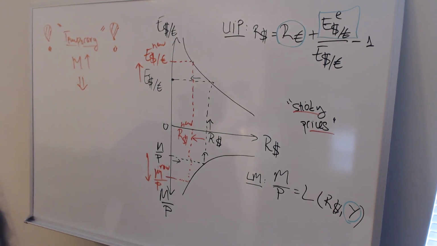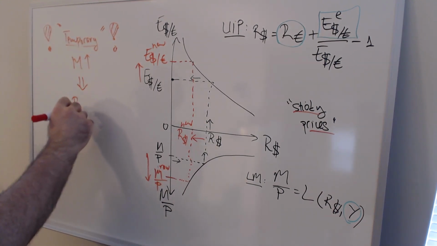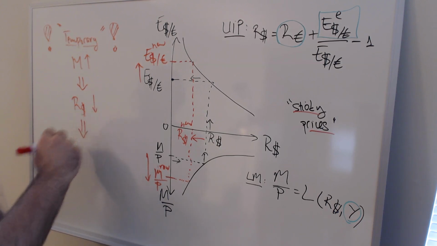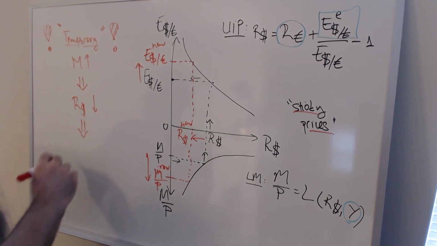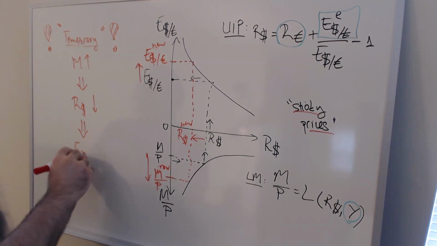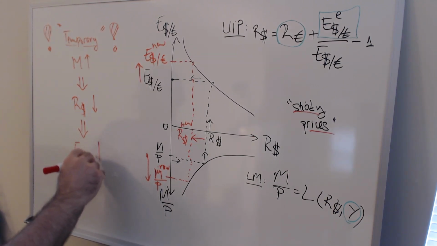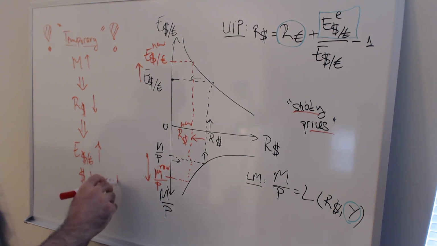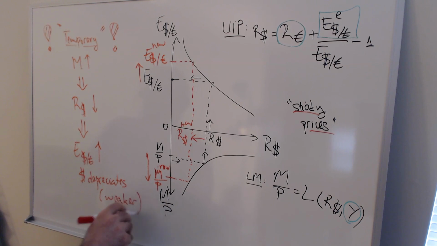An increase in the money supply will lower interest rates in the US, which in turn, through UIP, will mean that the dollar appreciates. Sorry, the dollar depreciates. It's a weaker dollar.